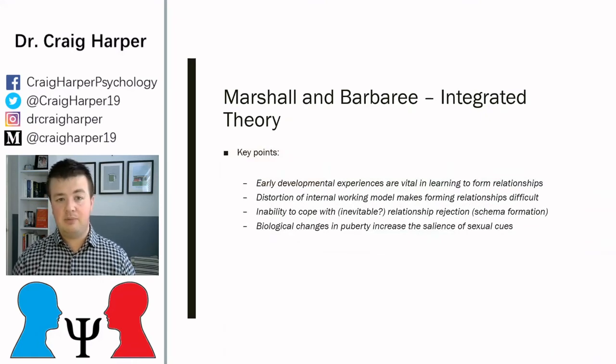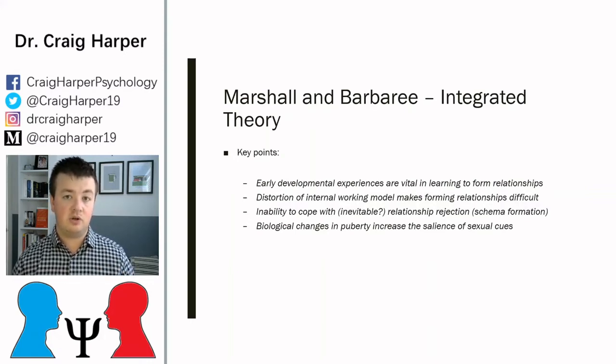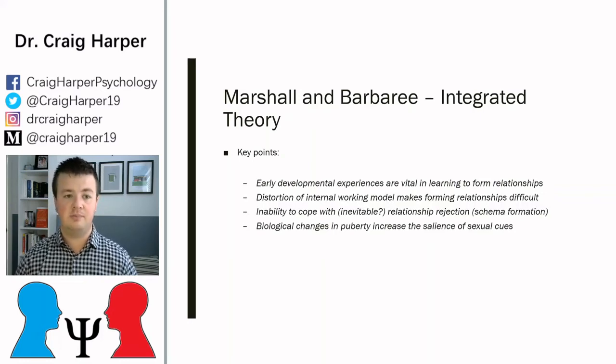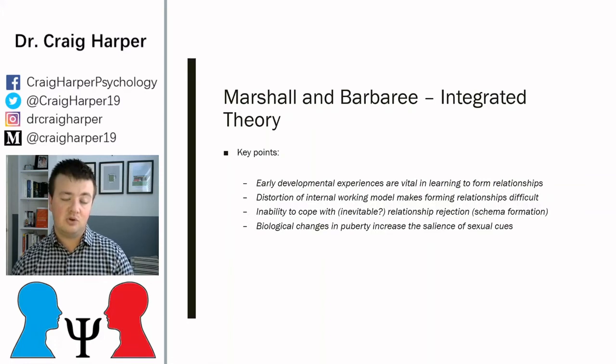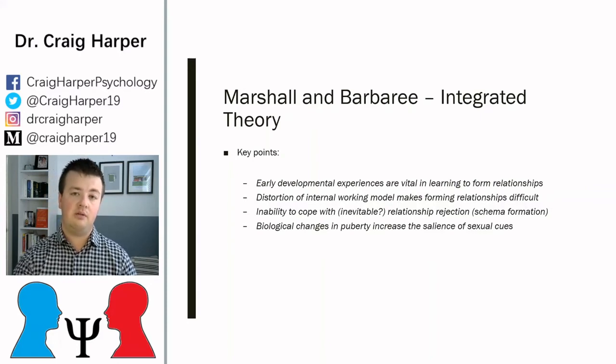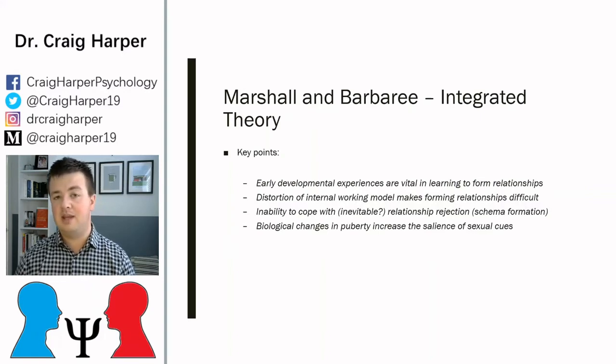Just to highlight some of the key points then of this integrated theory, these early developmental experiences are really vital, not necessarily in terms of sexual offending, but in terms of teaching us how to form and maintain effective interpersonal relationships. Now, a distortion of the internal working model through a lack of attachment or through a lack of developing interpersonal skills has an impact on how well we can form relationships going forward, or how we interpret other people's behaviour.